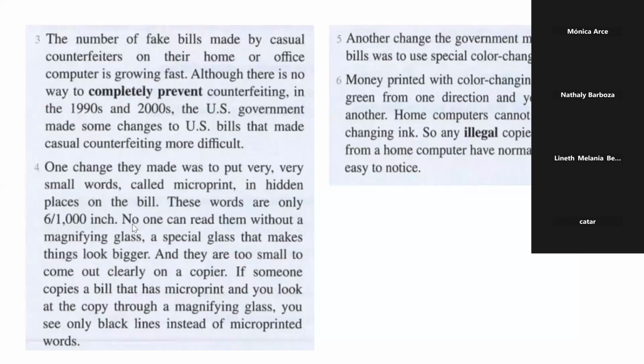Okay, number 3. The number of fake bills made by casual counterfeiters on their home or office computer is growing fast. Although there is no way to completely prevent counterfeiting, in the 1990s and 2000s, the United States government made some changes to US bills that made casual counterfeiting more difficult.